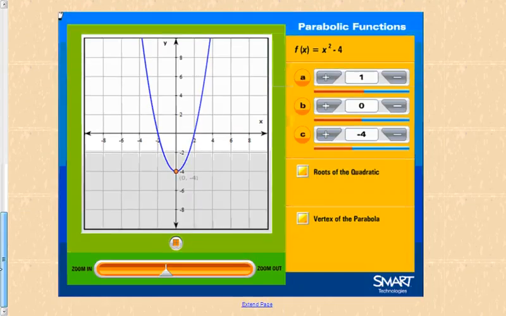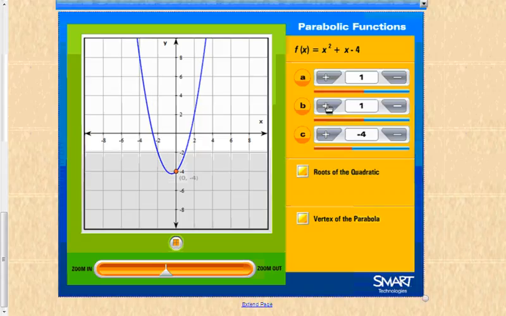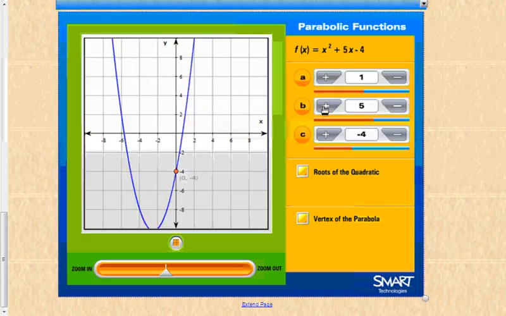So let's play around with that a little bit here too. If I have f of x, so y equals x squared minus 4, let's add to the b value. All right, b value is 1. Let's go up to 5. That is moving the whole thing to the left more every time.